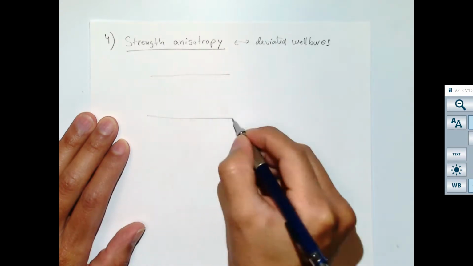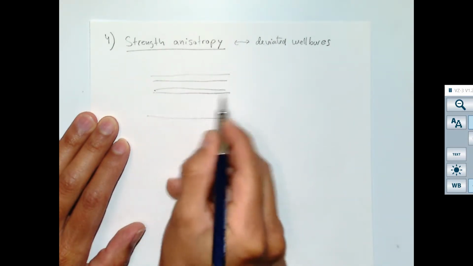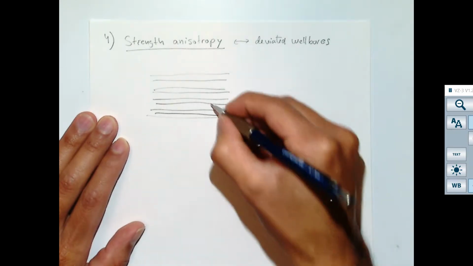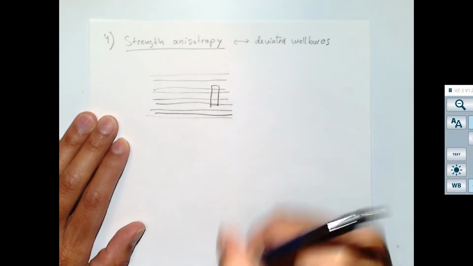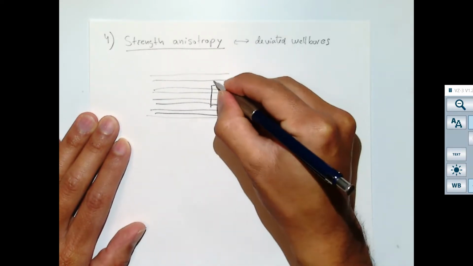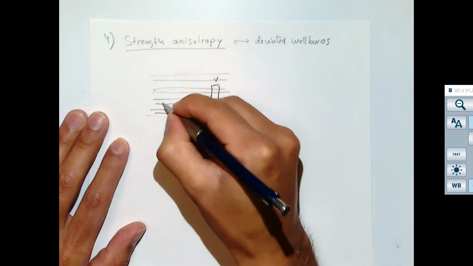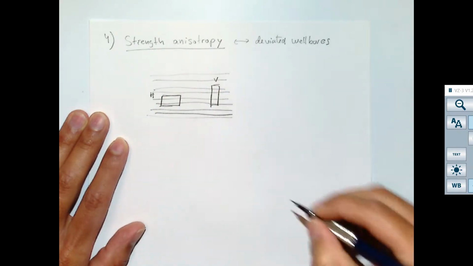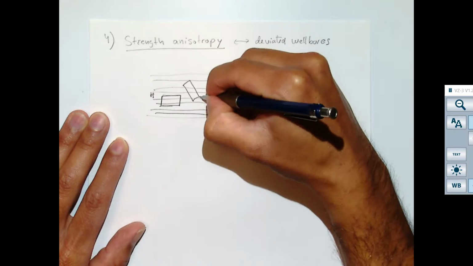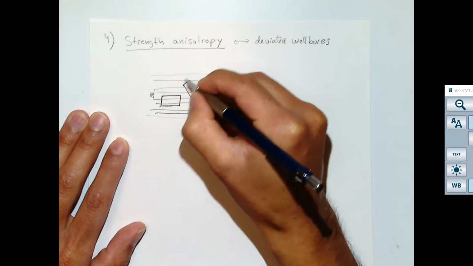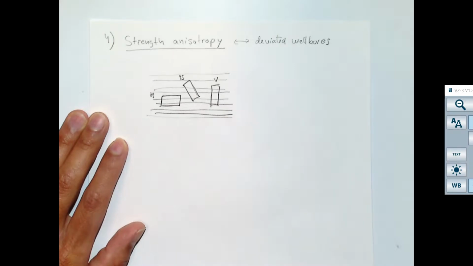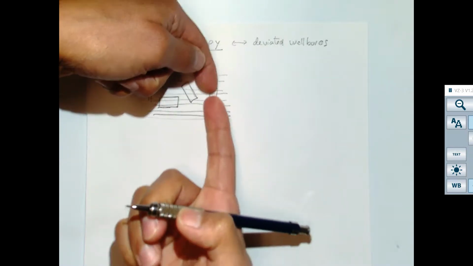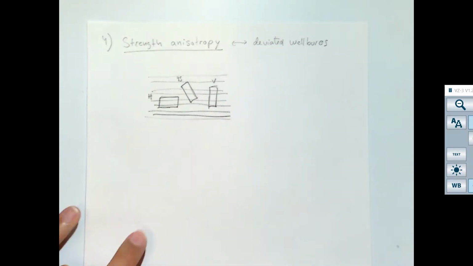If we have a sedimentary formation, in which usually we have layers, we said that it's not the same to fail a rock which is drilled perpendicular to bedding, or vertical, or to fail a rock which is horizontal, or to fail a rock which is at an angle, let's say in this case 45 degrees with respect to bedding. Either if you do a compression test or a tension test, it is not going to be the same.